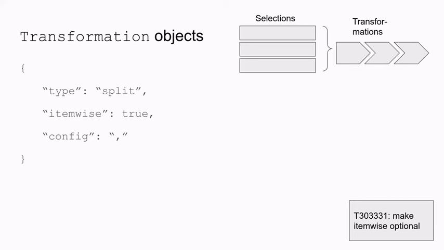As a rule of thumb, always use item-wise true. If you need some specific configuration, you can change this, read the guidelines. But anyway, in the future, and this is task 303.331, this is going to be optional. If you don't set this, then a default value is going to be used. But again, as a rule of thumb, use item-wise true, except for some specific cases.